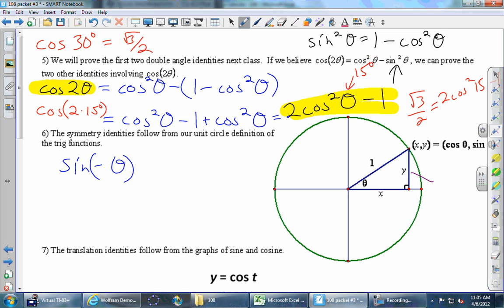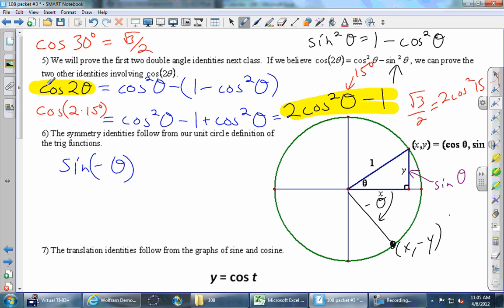So sine of theta is this number right here. And if I want to think about negative theta, in which quadrant is negative theta? If theta is in the first quadrant, the negative theta is just down here in the fourth. So just copy that angle down in the fourth. What do we notice about the x and the y down here? Same x, but the y is negative.